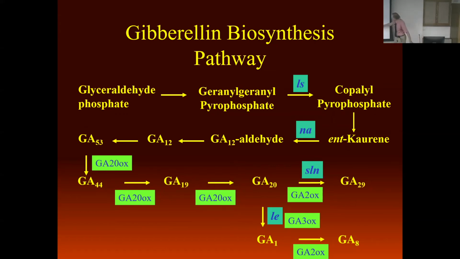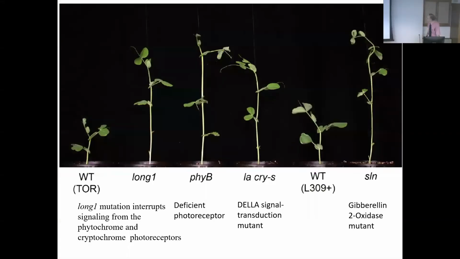You can also get a very tall by blocking the degradation of GA1 or its precursor. And if you block the degradation, you get a higher amount of GA1 simply because it has nowhere else to go. Then you get an extra tall. Here are a whole lot of other height mutants.